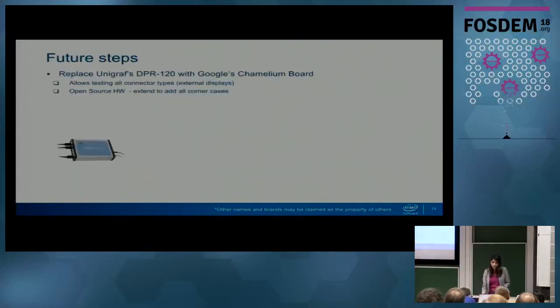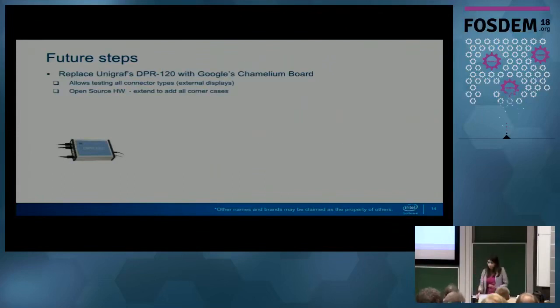One of the next steps for us is to move this whole testing infrastructure to the open source hardware, Google's Chameleon board. With that, the idea is we will be able to test a lot more corner cases, with different types of external displays.